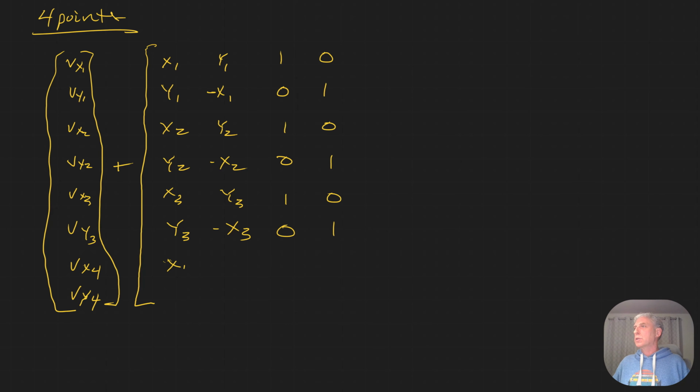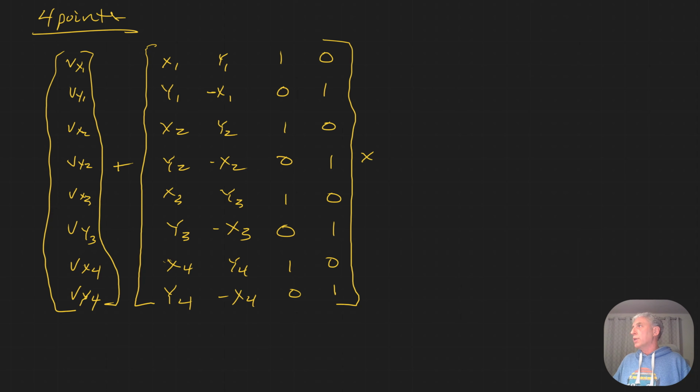And finally, we have our point 4. So x4, y4, 1, 0. And y4 minus x4, 0, and 1. And we could keep going if we had more points, right? And then we would multiply that by our delta.